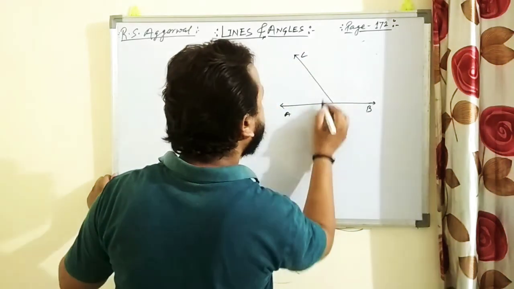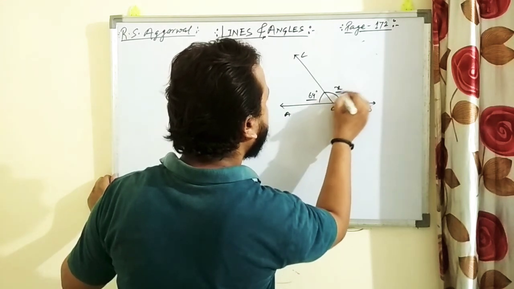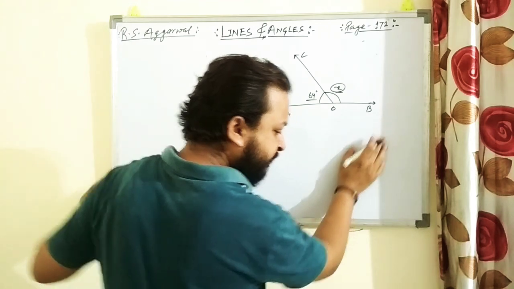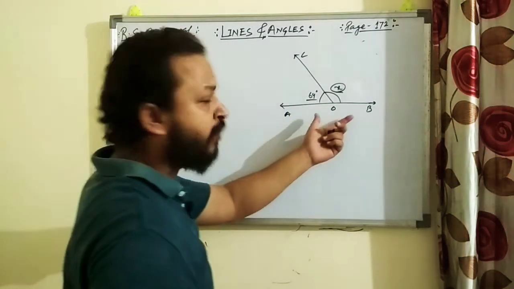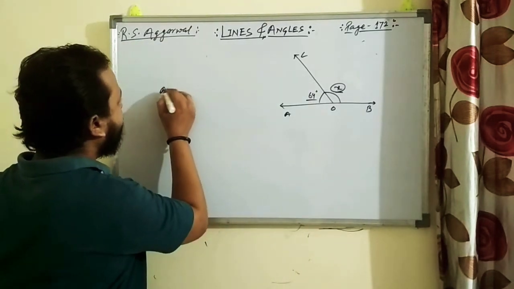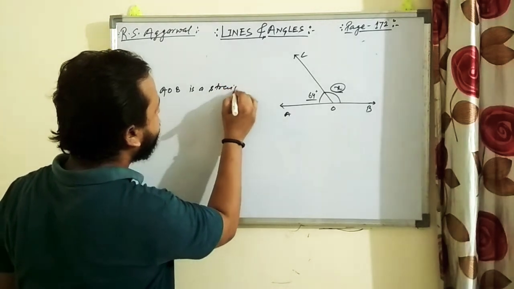AOB and C. This angle is given as 64 degrees. You have to find out this angle. Suppose this is x. This is a linear pair of angles, right? Or a straight line, because it is given that this is a straight line. So just write it as AOB is a straight line.